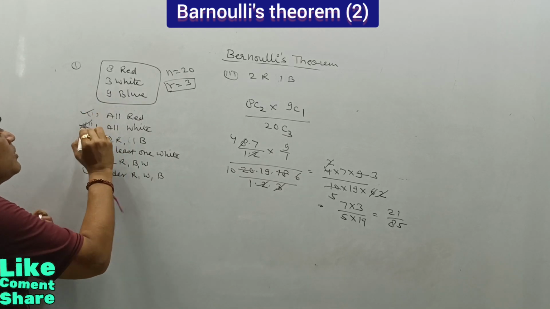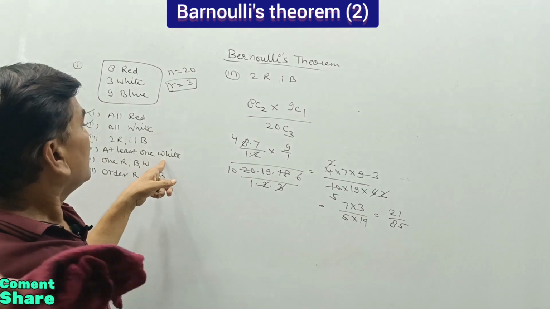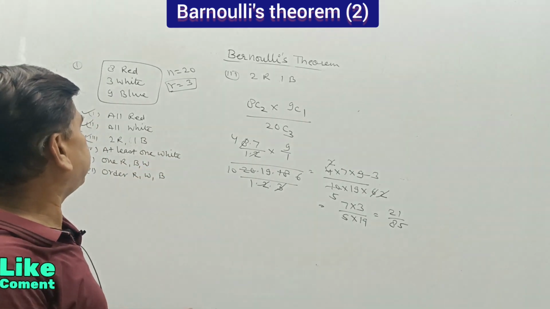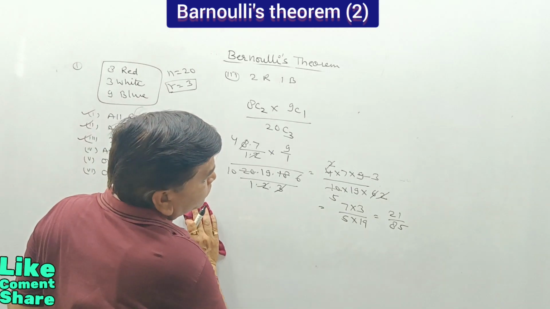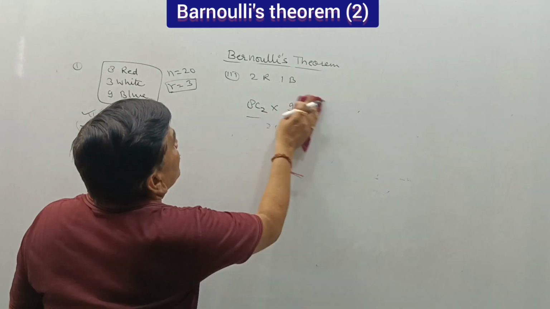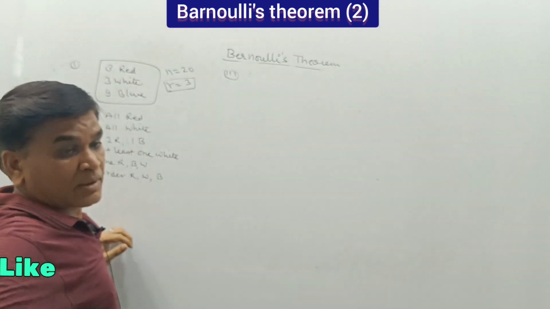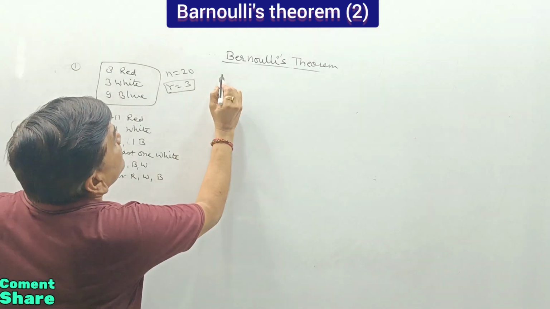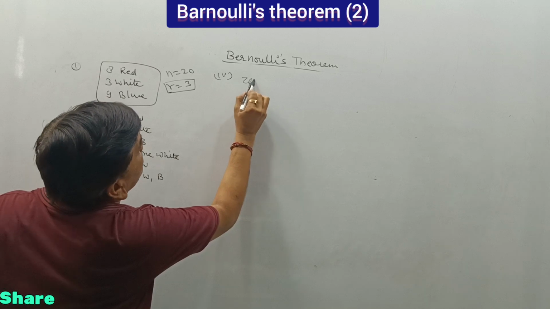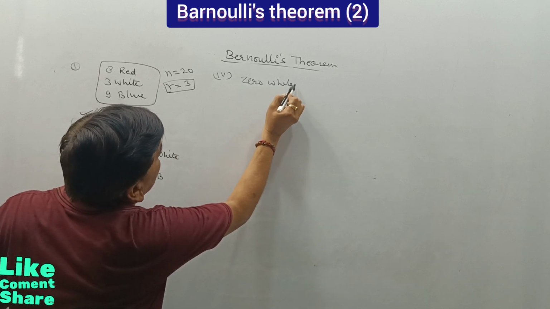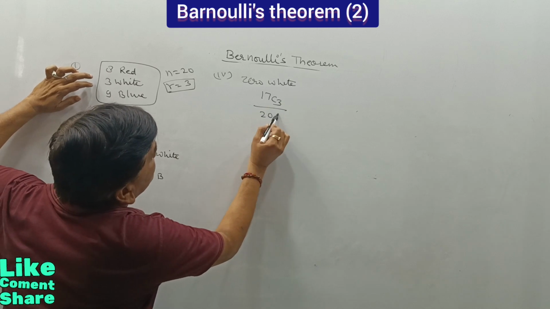So we have done the 1st, 2nd and 3rd questions. Now at least one white. For at least one white, first we will calculate 0 white. So 0 white is 17C3 upon 20C3.